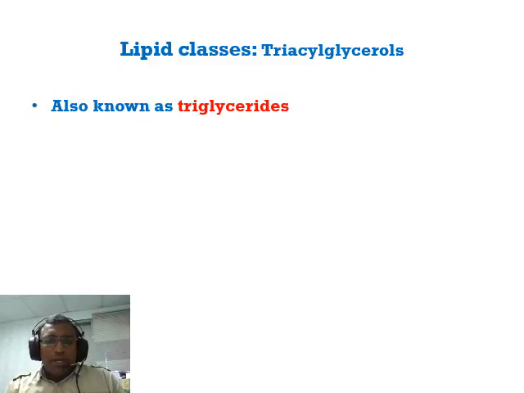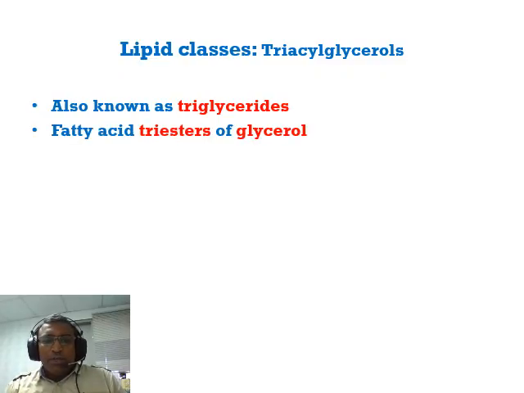So next we look at triacylglycerol. It is also known as triglyceride, with the abbreviations TAG or TG, and it is made up of ester bonds. The fatty acids are connected to glycerol. Glycerol is an alcohol.